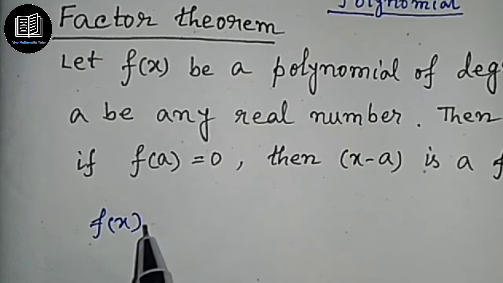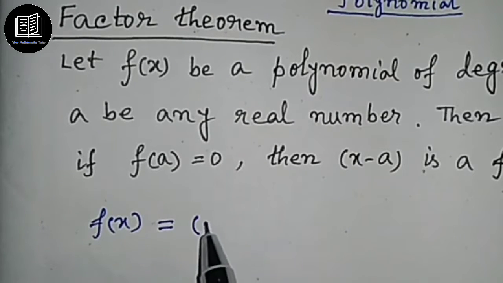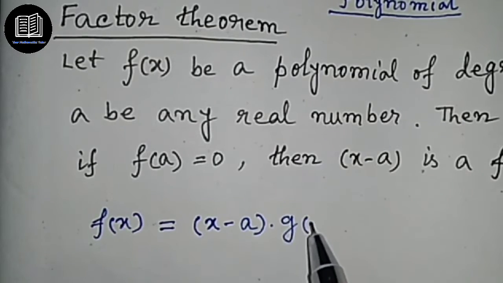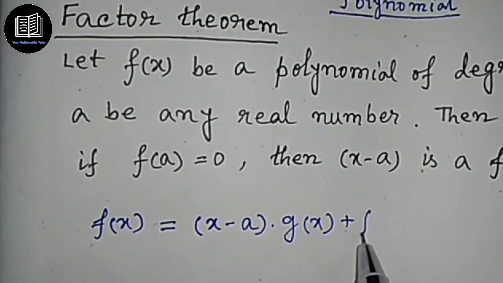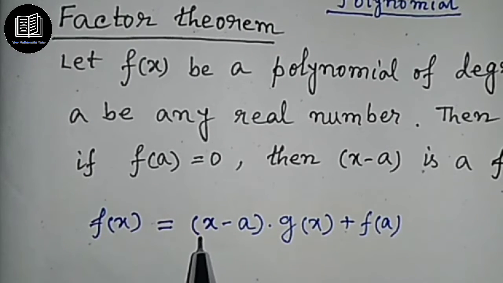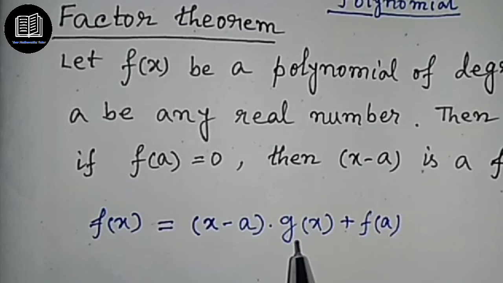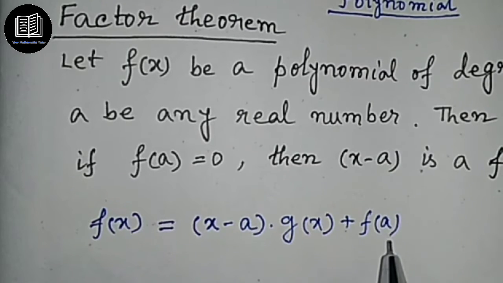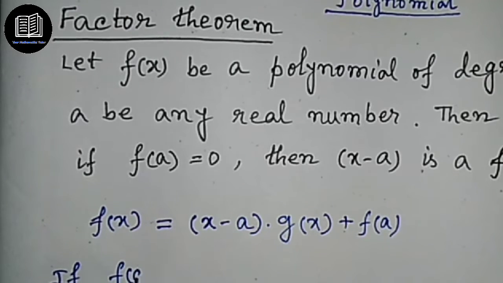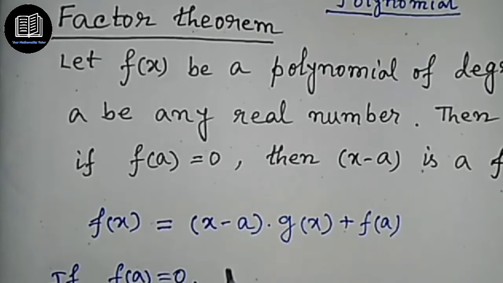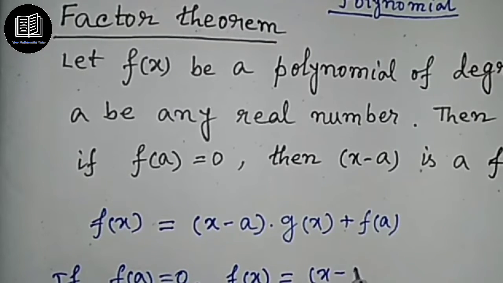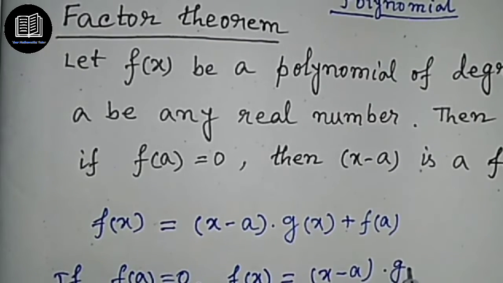That is, f(x) when divided by x minus a, the remainder is f(a). f(x) divided by x minus a, quotient is g(x) and remainder is f(a). Now, if f(a) is 0, then this becomes f(x) equals x minus a into g(x).